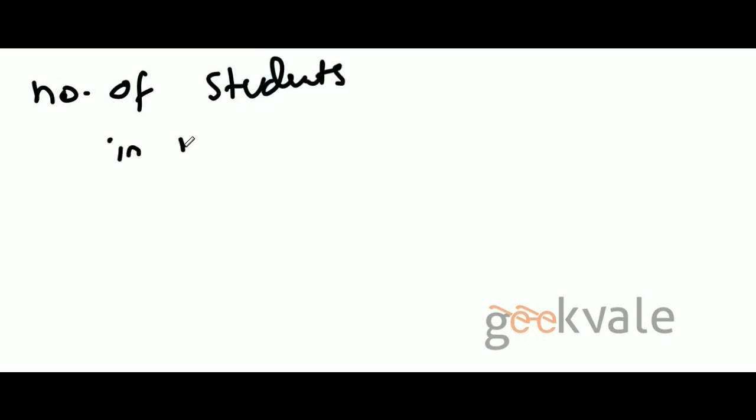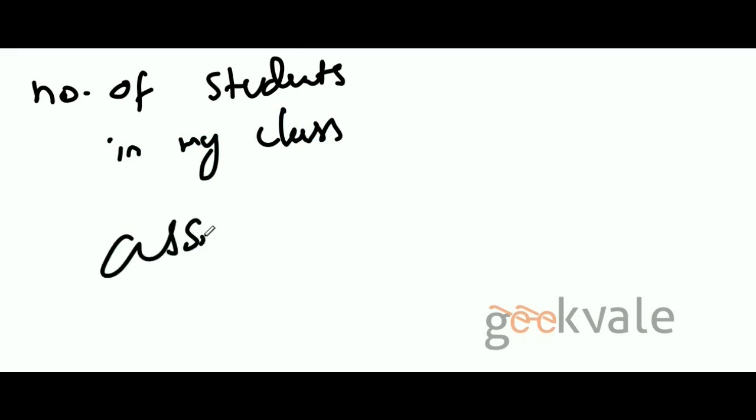Okay. Another very important thing. Whenever you are going to use variables in mathematics, it's preferred that you use a symbol instead of using the whole sentence phrase, like the number of students in my class, right? Let's assign it equals to an alphabet.